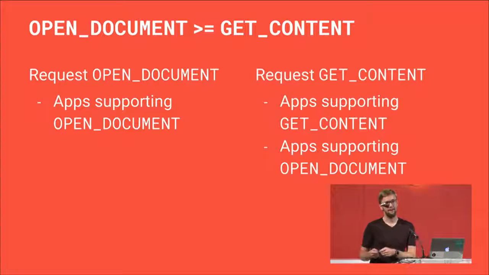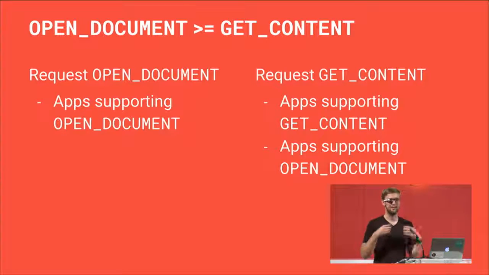However, if you're on KitKat and above and you call get content, you'll actually get both. You get all the apps that support get content, as well as all the apps that support Open Document. Because anything you can do with get content can also be done on a document URI that you've retrieved via Open Document.